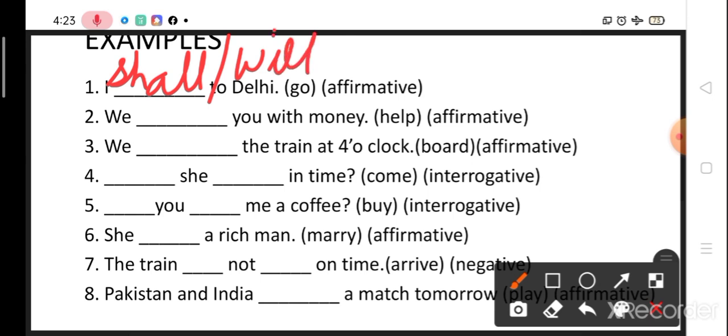I will. Now base or rather first form of verb is go itself. So I shall go to Delhi or I will go to Delhi. We, again here we can use shall, first person singular.